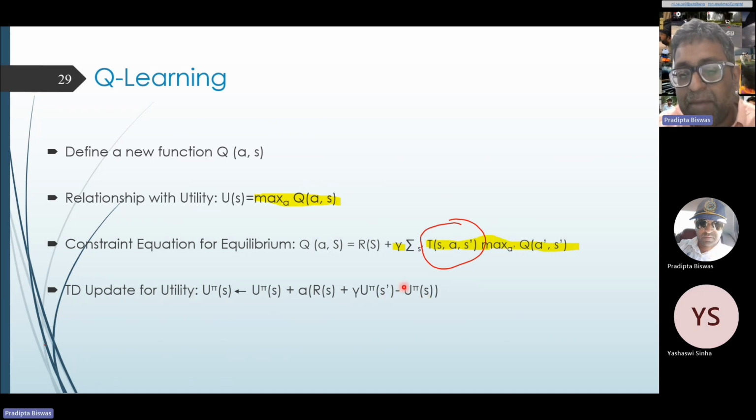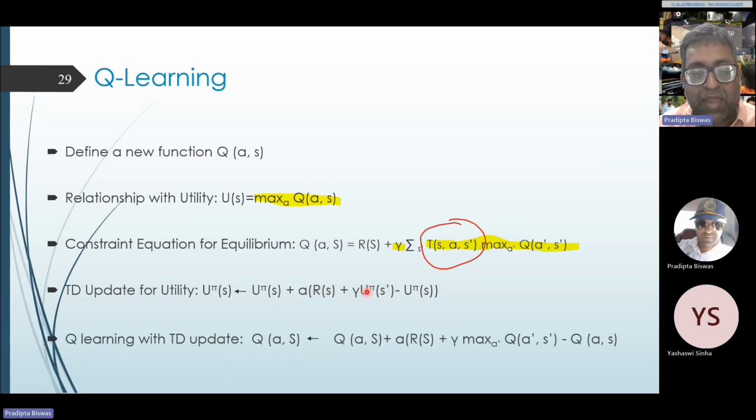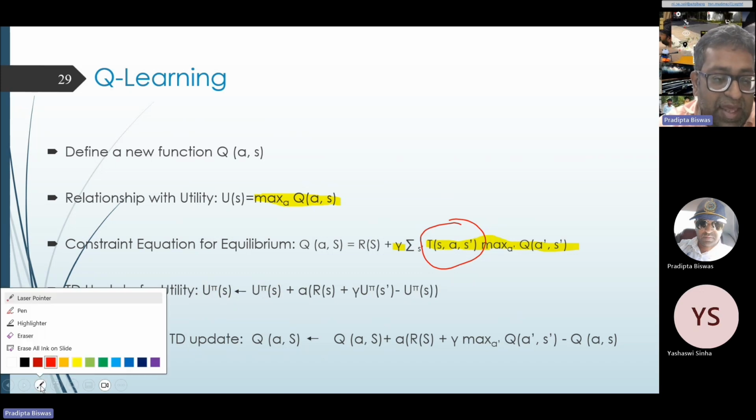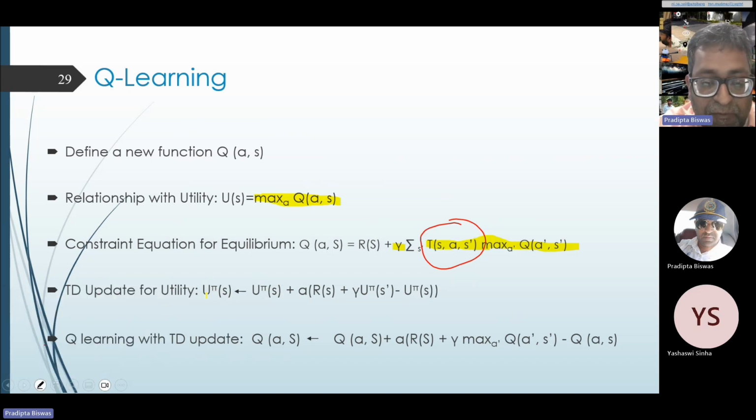So now I will just follow the same equation that we use for temporal difference, but instead of U, I will use Q. If I put them one below the other, you will see that I get rid of this pi term, because pi was fixing the policy. So I do not have any fixed policy here, rather I am exploring all actions. And then I do not need the state transition probability matrix.